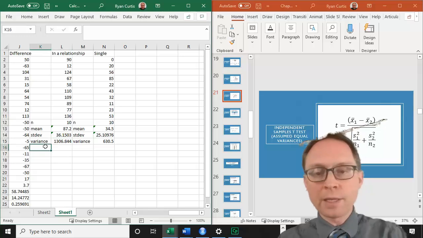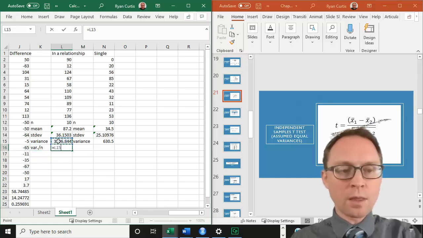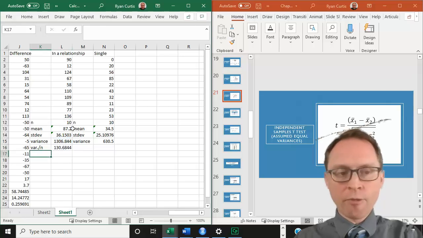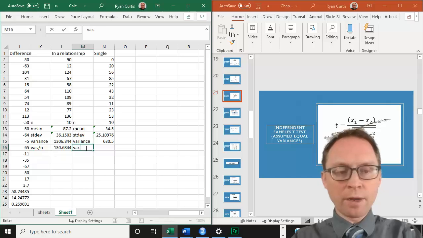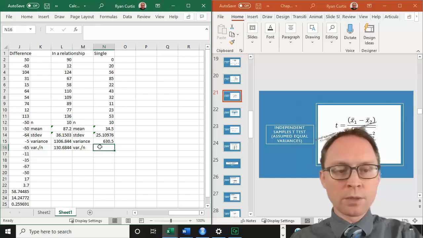So that's going to be variance divided by n, this divided by 10, right? And then variance divided by n for the other group is going to be this divided by 10.